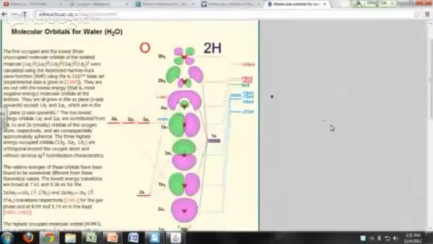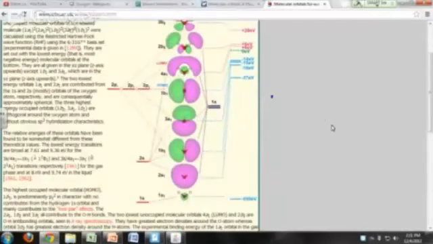These are your molecular orbitals for water. The lowest energy orbital is the 1A1, the first A1 molecular orbital, then the second A1 orbital, the first B2 orbital, 1B2, and the next orbital is 3A1.